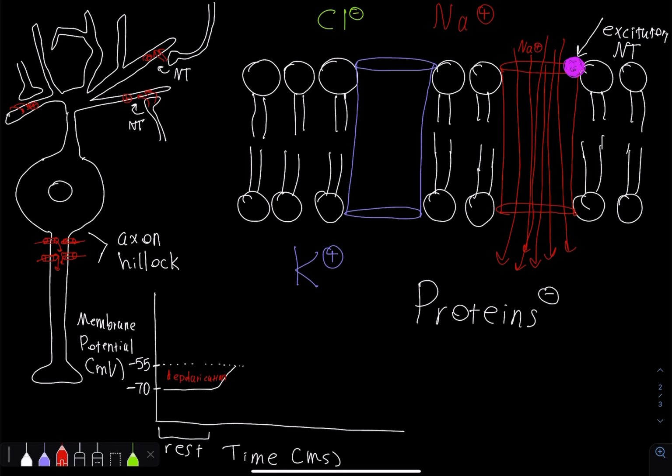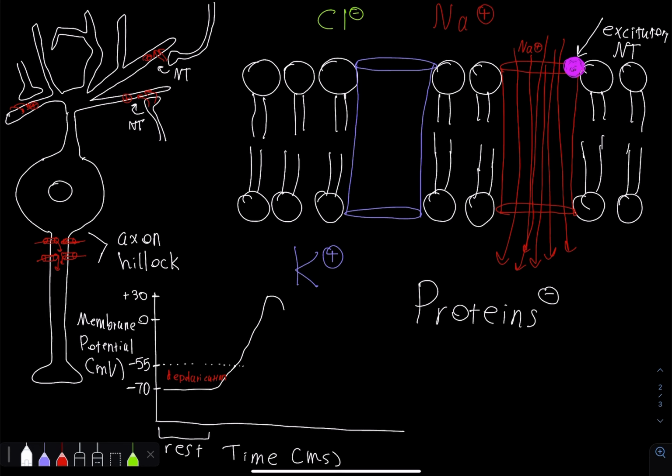So this will cause a massive depolarization of the cell. The membrane potential is going to shoot way up. Here we have 0, and then here we hit about positive 30 millivolts. This is the point at which this cascade stops. We stop getting sodium into the cell.